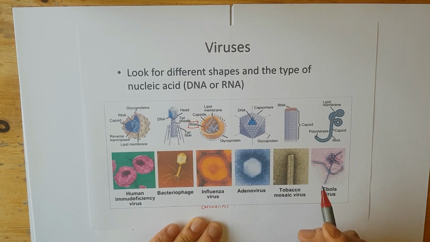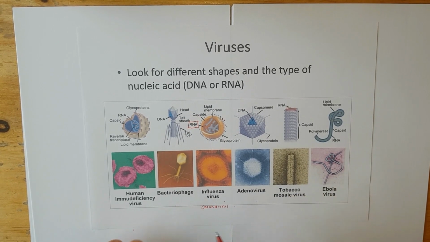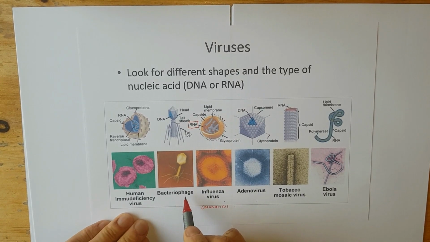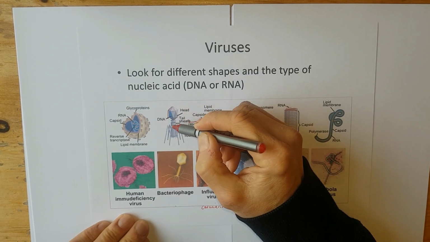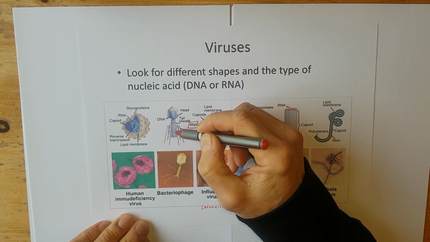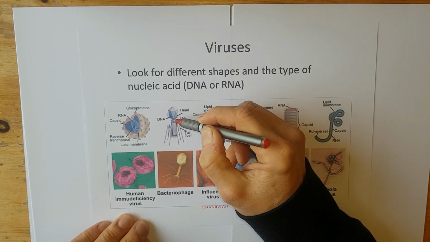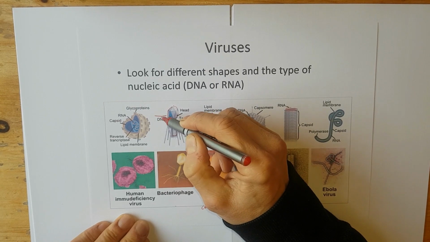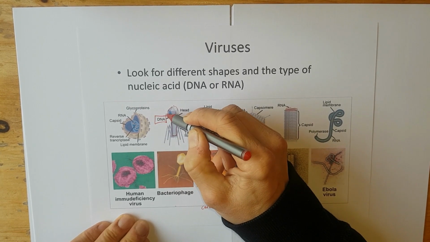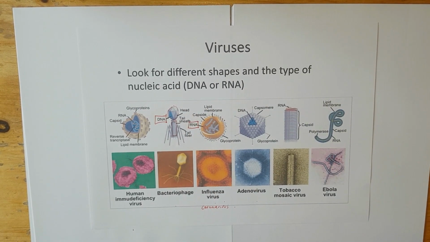You could compare that with, for example, a bacteriophage. These are viruses that infect bacteria, and you can, very different shape. You can say it's got fibers at the bottom, and then a kind of diamond-shaped head, and the nucleic acid is DNA, for example.